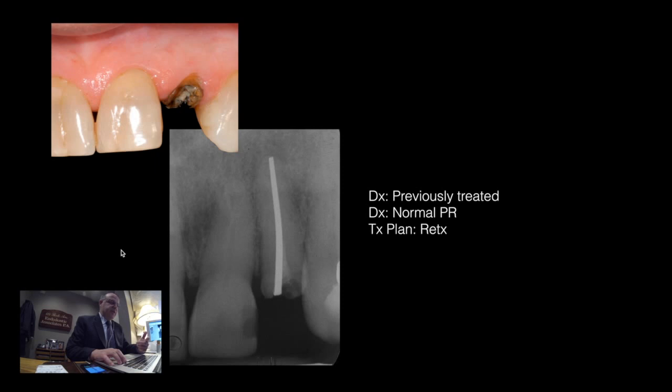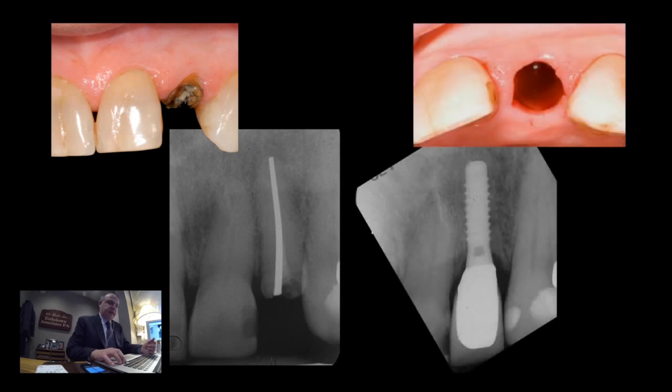Our plan was to retreat this and leave a post space for the general dentist to move on with the restoration of this. Now, the next time I saw this case, it looked like that. So it was never treated, actually, even though we recommended that. It was just replaced by an implant.